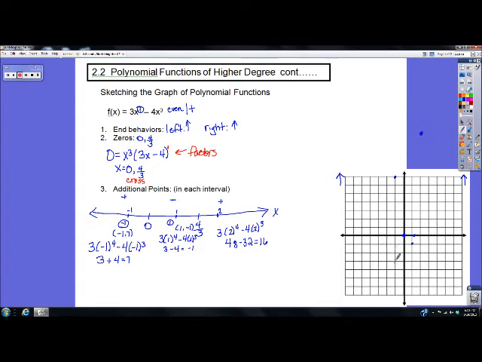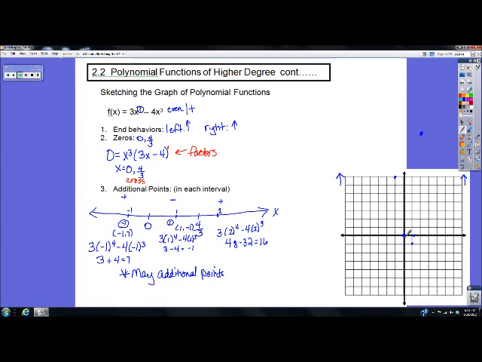Now sometimes that'll give you exactly enough points to graph. But I'm going to put a little note here. Sometimes you may need even some more additional points. Because this graph does something kind of funny right in here. And if you happen to put this in your calculator, you would see that there's some funny little zigzag going on right in here.